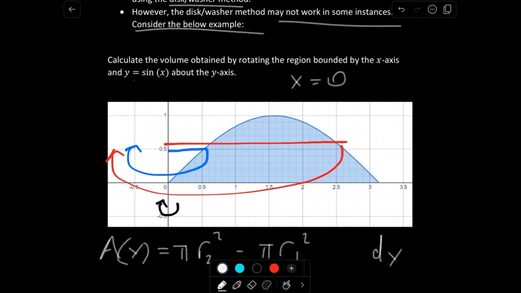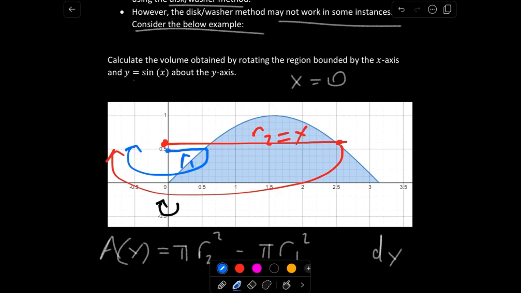So r1 is the blue line. Let me label it. Here's r1, that's r1, and this is r2, those straight lines. Now, let's take a look at what these radii are. If we take a look at r2, the outer radius, it's the distance from the y-axis to a point on the curve, and that is just an x value. The same applies for r1.